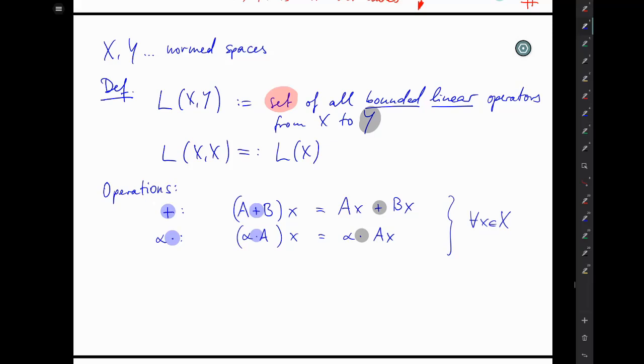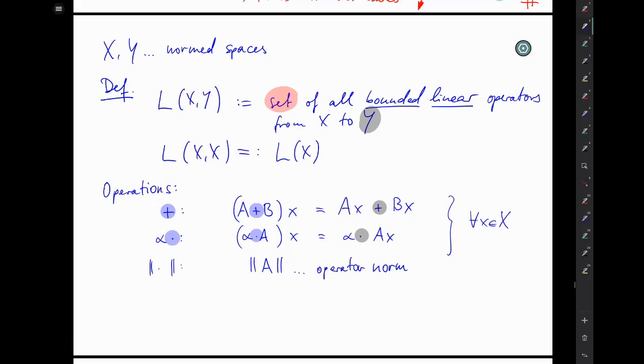But before we do so, let's also introduce a norm. Okay, and that is easy because we've already done it. So the notation of the operator norm is of course exactly what we're going to use now as our norm in L(X,Y).